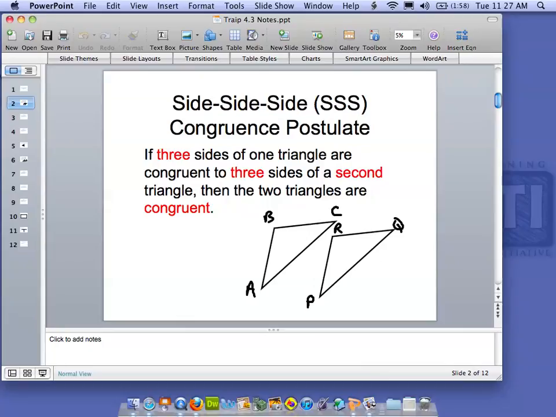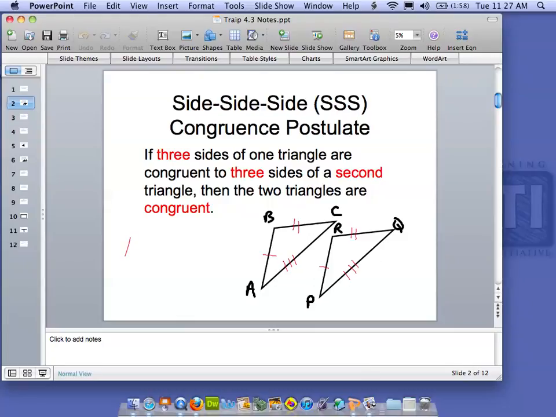And what the side, side, side postulate says is if three sides are congruent to three sides. Note that side AB is congruent to side PR, side BC is congruent to side RQ, and side AC is congruent to side PQ by the notch marks.